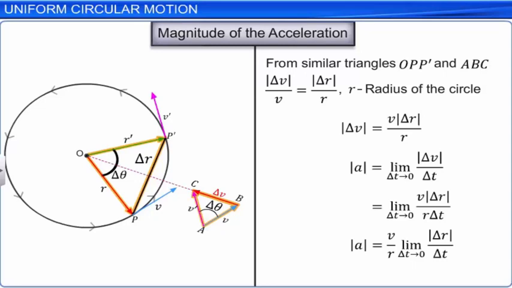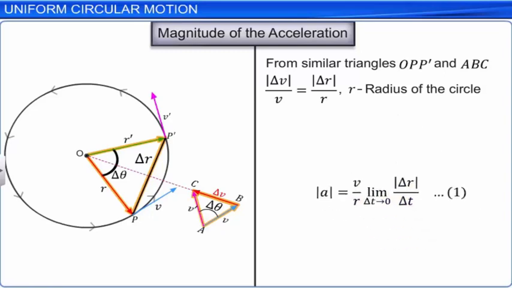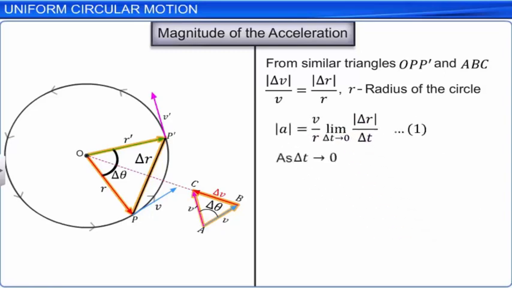As delta t approaches 0, delta theta also approaches 0. Arc PP' is approximately equal to PP', which is equal to magnitude of delta r. Magnitude of delta r is approximately equal to v delta t.